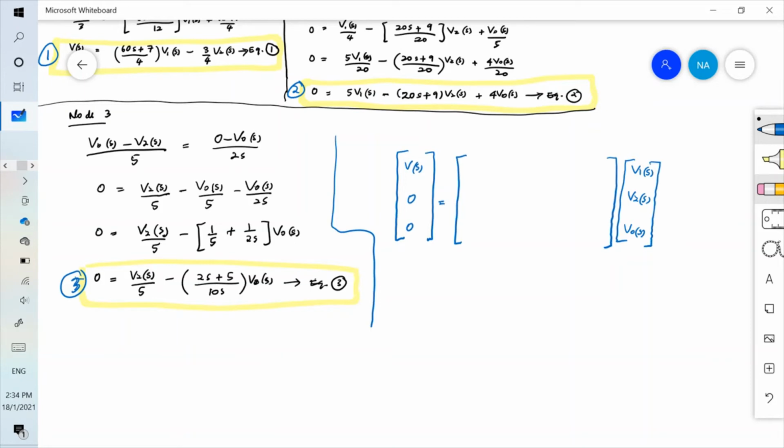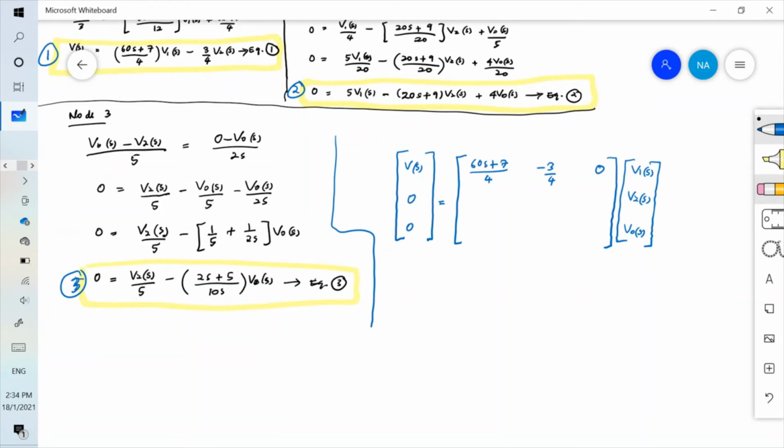So for equation 1, put in the equation term by term. For term V1s, it is 60s plus 7 over 4. For the V2s term, it is negative 3 over 4. And since it doesn't have a V0s term, the V0s term is equal to 0.